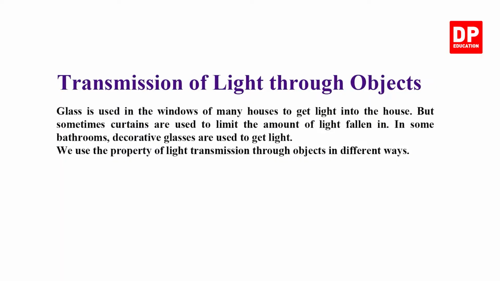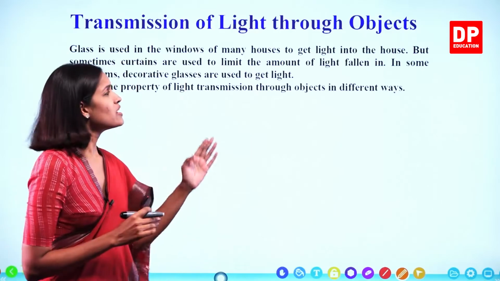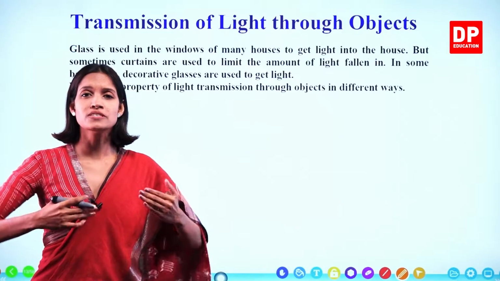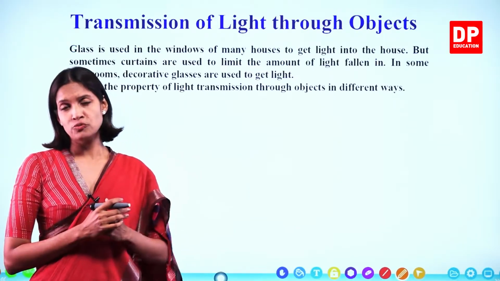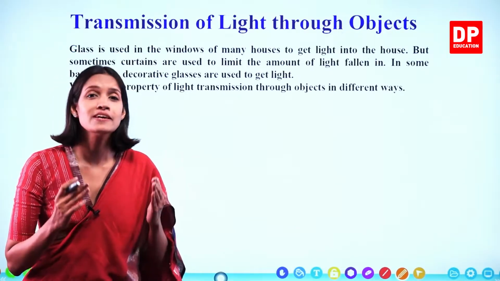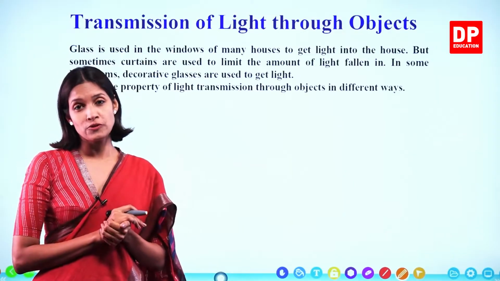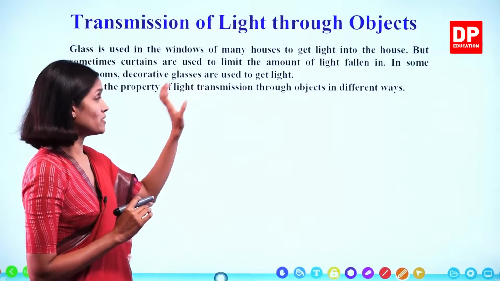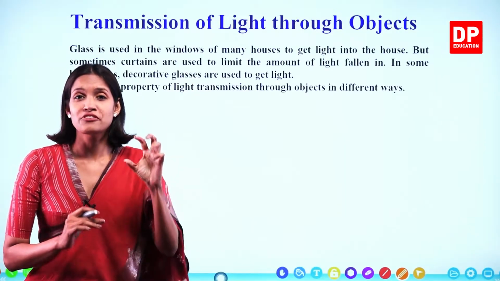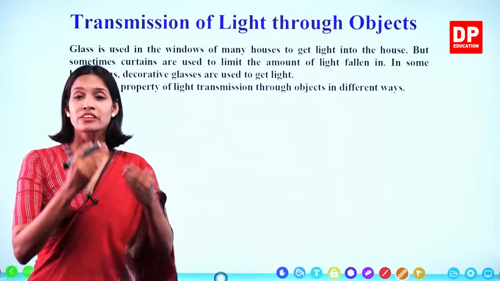In some bathrooms, decorative glasses are used to get light. The bathroom windows shouldn't be see-through. So there are instances where we have to use extra light in the bathroom during the daytime. In that case, we can use decorative glass to cover the windows. Decorative glasses, you all must have seen. There are different patterns present in the glass.